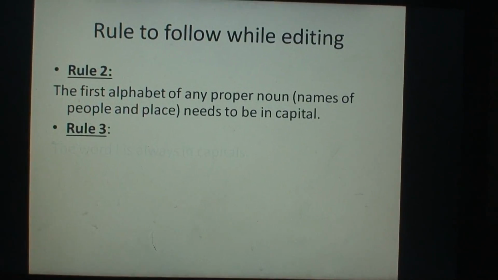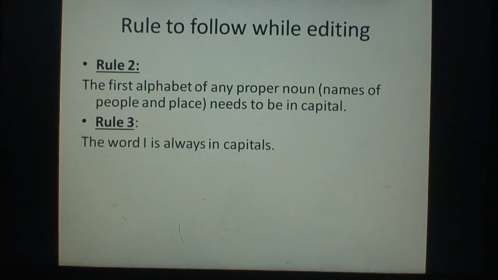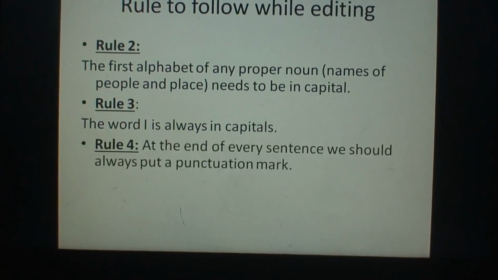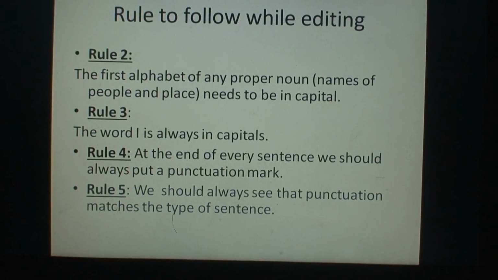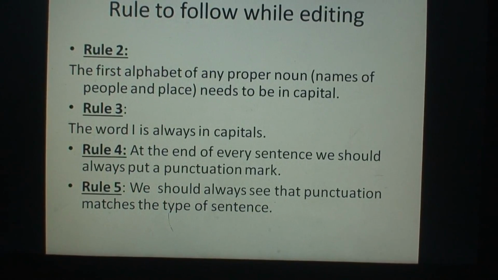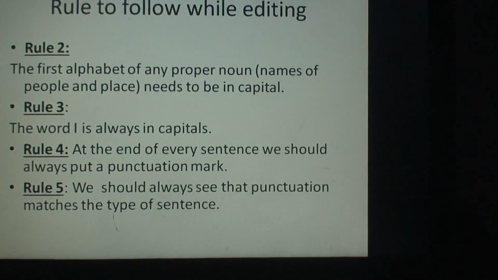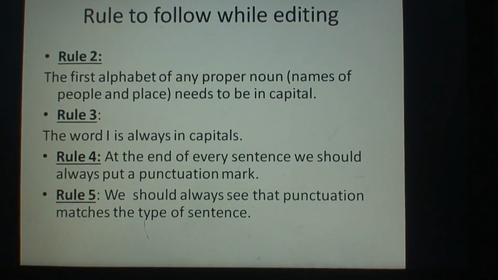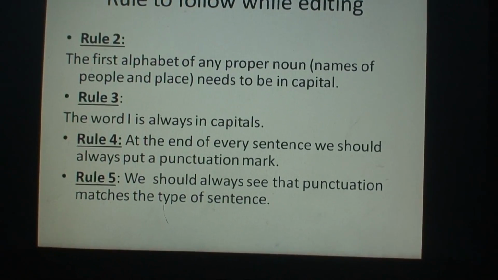Rule number 3 says that the word I is always in capital. Rule number 4 says that at the end of every sentence we should always put a punctuation mark. It is very necessary to put a punctuation mark at the end of every sentence.